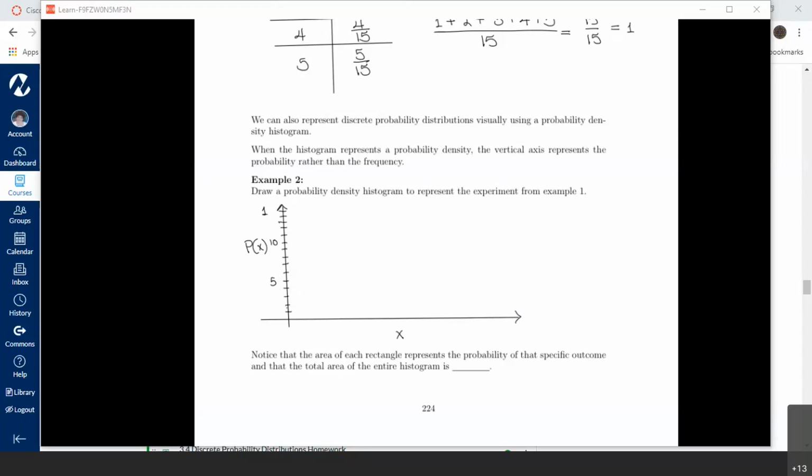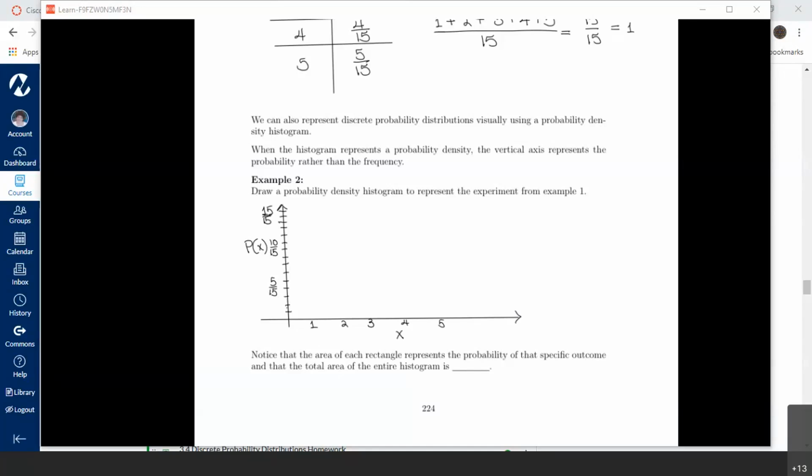Okay, so basically this is my probability, and these are all over 15.